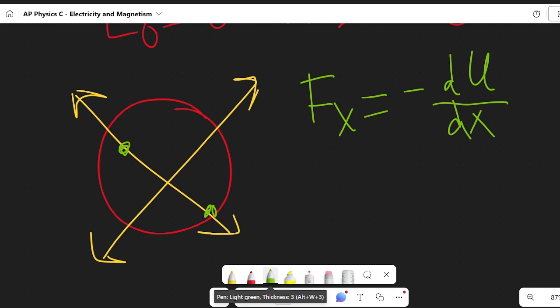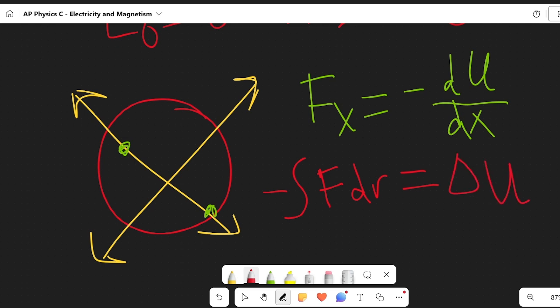If we take the integral of both sides, and move the negative to the other side, negative force times dr will be equal to delta U. This is key. This is what you have to memorize for this. And U is the electric potential energy.